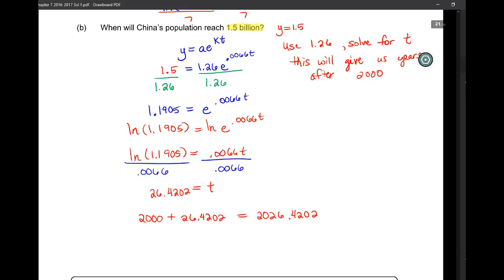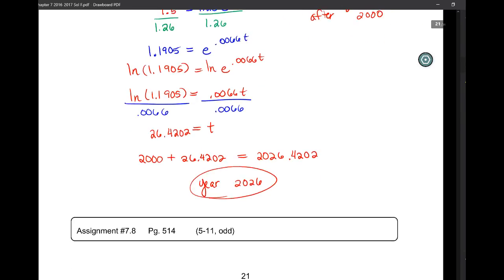Okay, so it's going to be sometime around the year 2026 or 2027 because it's in between those. I assume she'll clarify on a test or a quiz. So somewhere in the year 2026. Okay. Any questions on that?